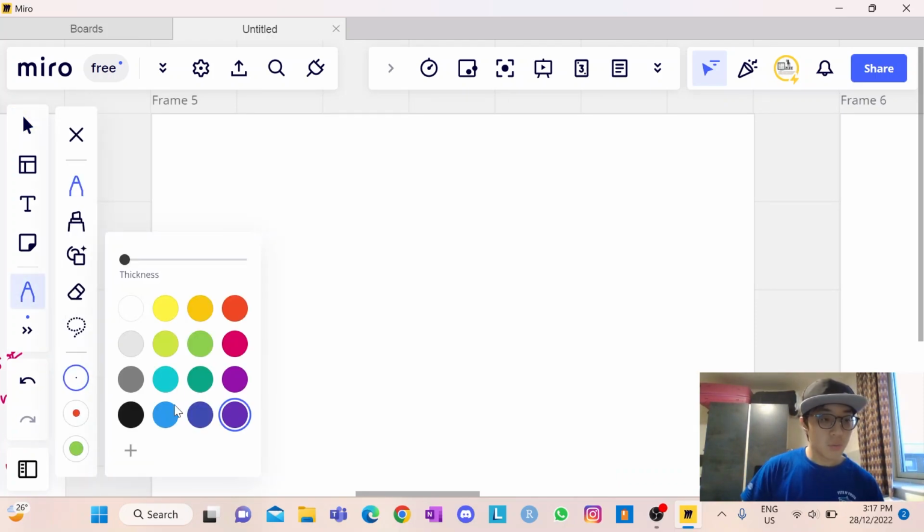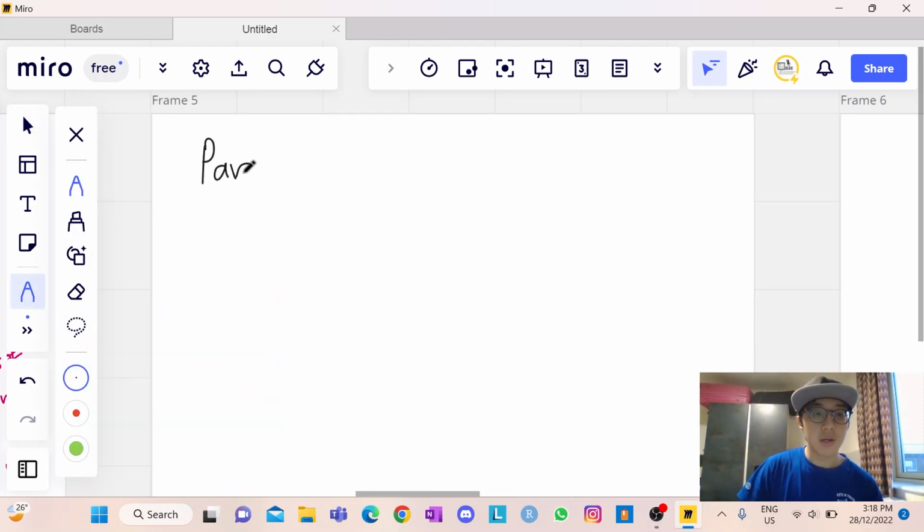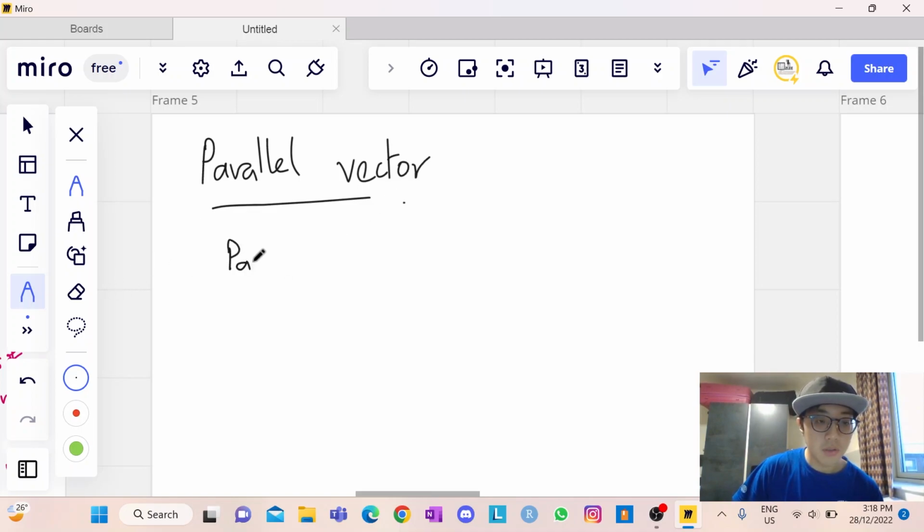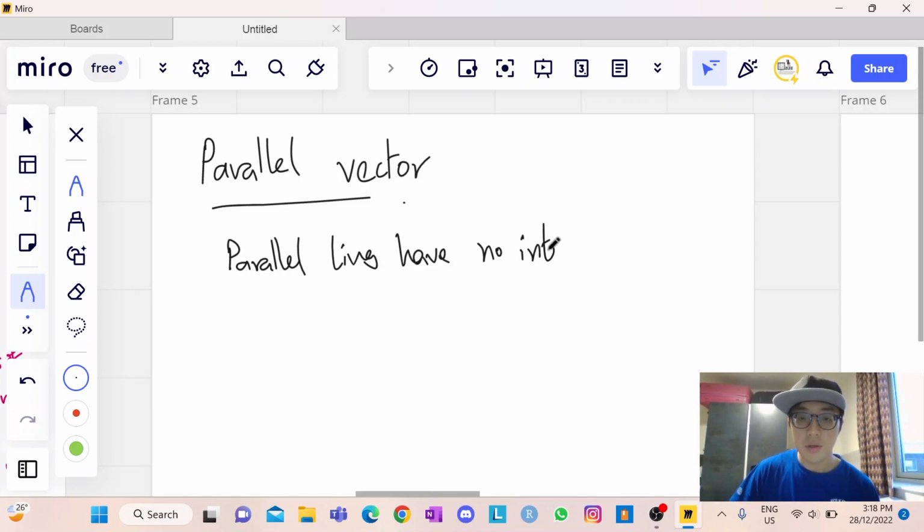So what is a parallel vector? We have parallel lines, and we have a lot of parallel things that we've seen before. So if we write down here, parallel lines have no intersection point, and they have the same gradient.